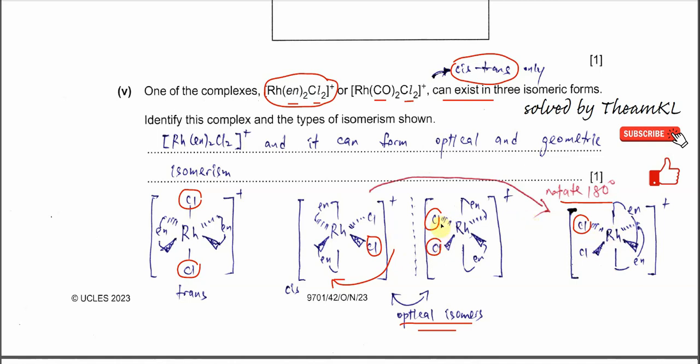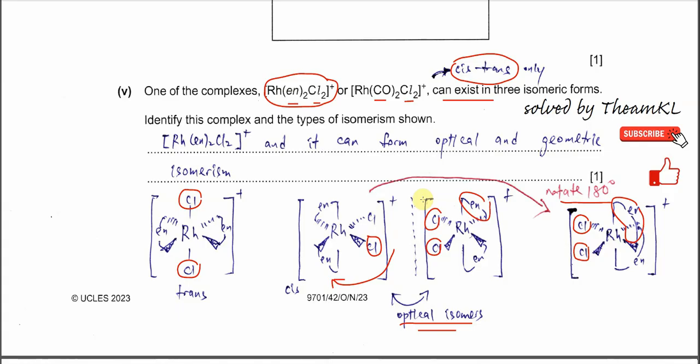As you can see, after the rotation by 180 degrees, the chlorine positions are on this mirror image, right? So this chlorine and this chlorine now have the same orientation, but the En is not the same. The En in this mirror image is at the back, and this one is in front. So after rotation, it's still not the same thing, which means it is an optical isomer.